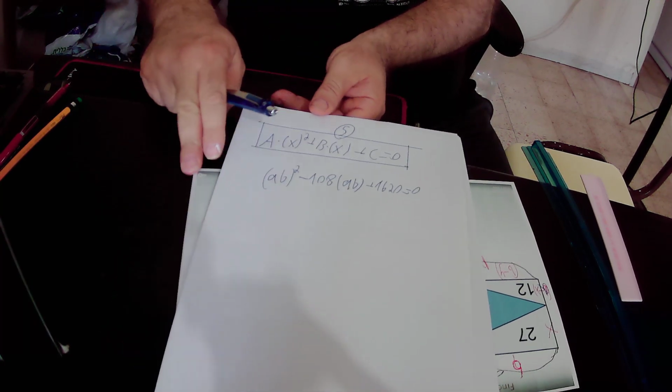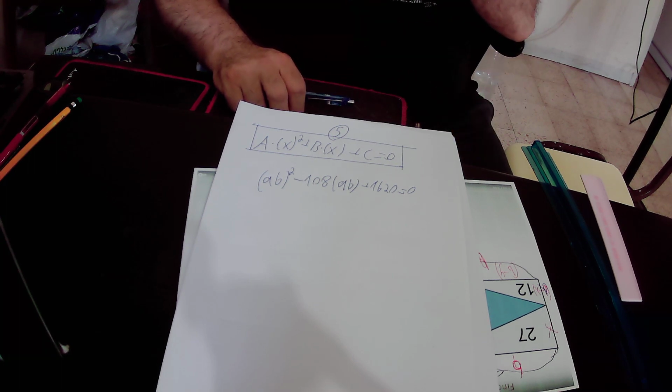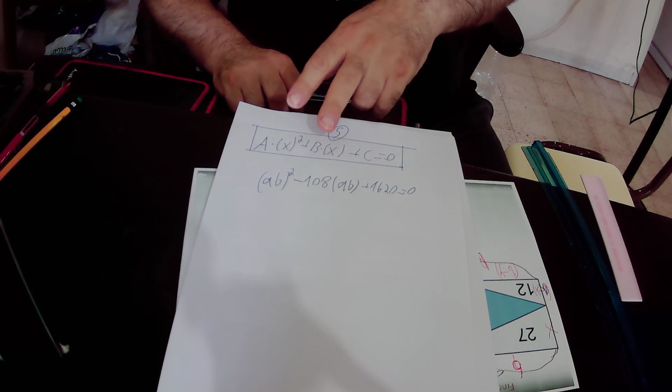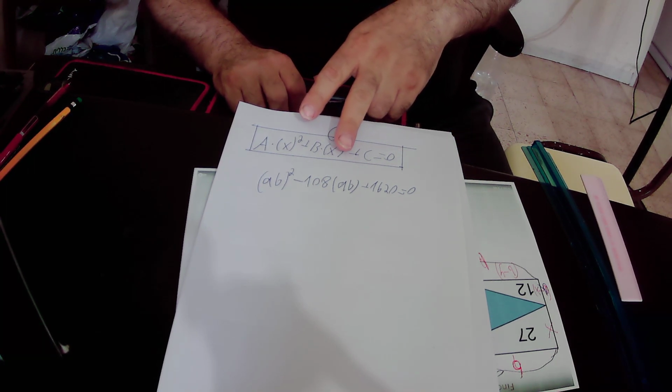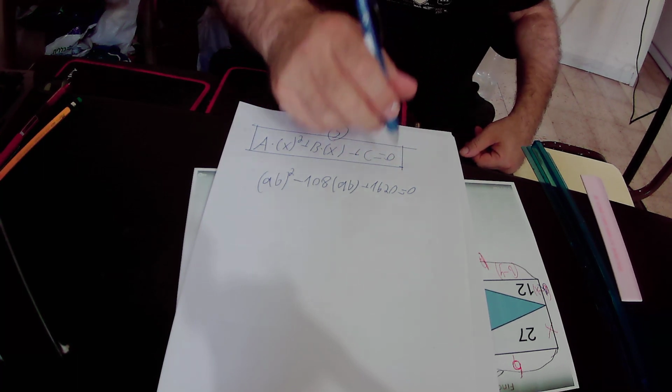Okay, so this is our quadratic equation: AB squared minus 108 AB plus 1620 equals 0.